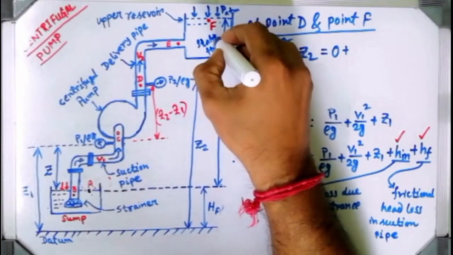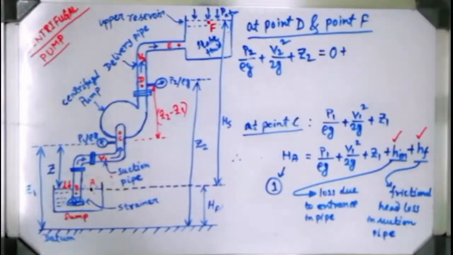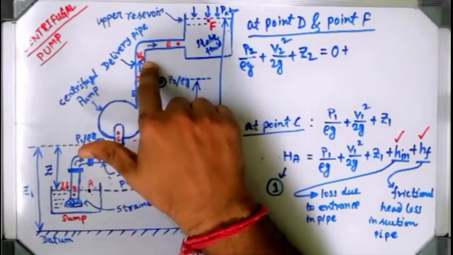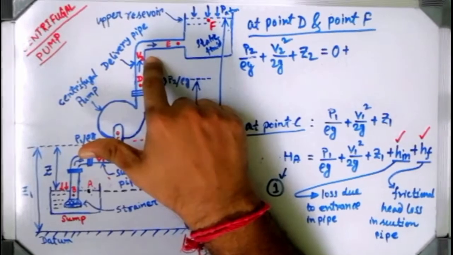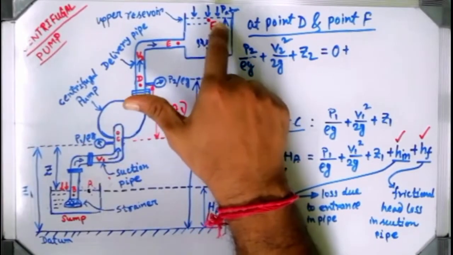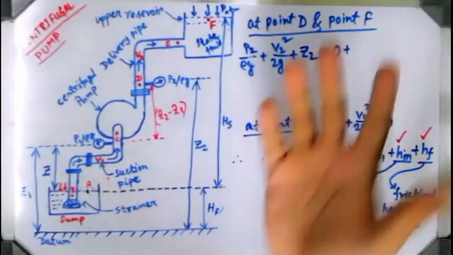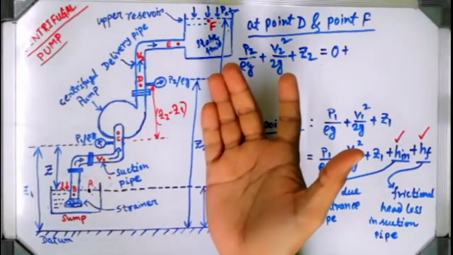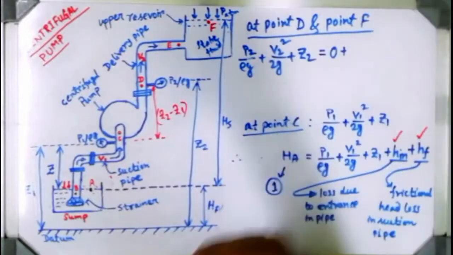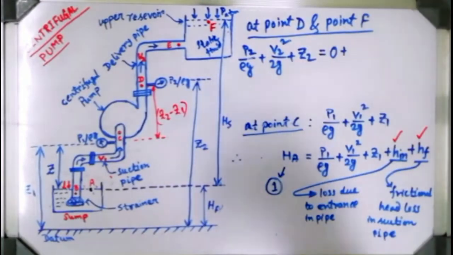Now you can say one thing, common sense tells us: suppose the velocity of fluid coming out of the pump is V2. Now you say that the velocity at this tank is 0, then where does that velocity go? Velocity obviously possesses some kinetic energy, and we know that energy cannot be destroyed.